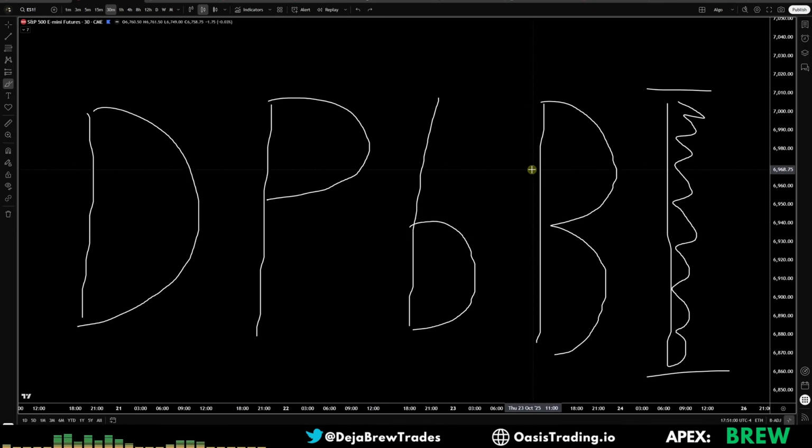Now, typically with a double distribution, the thing you want to look for is where did we start and where are we currently? Which one of these nodes was the first node, the primary node, and which one of these nodes is the secondary node, the node that is more recent?